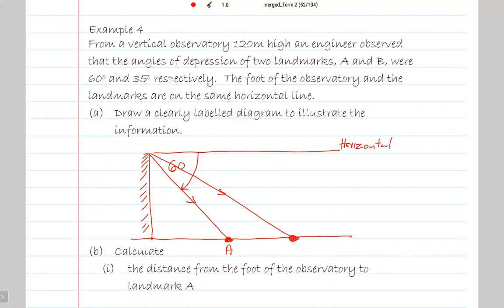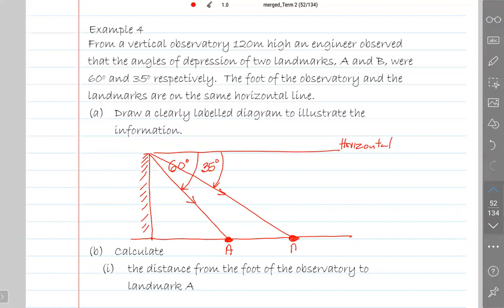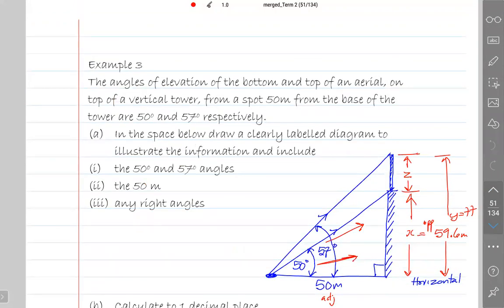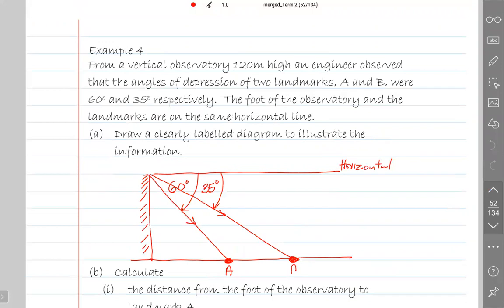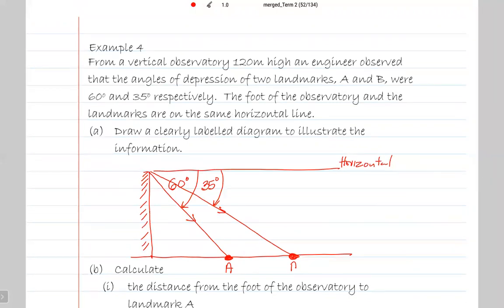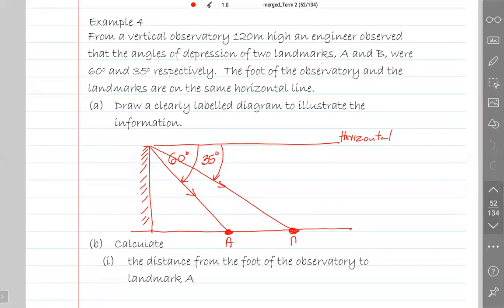The angle of depression, which is the angle between the horizontal and the line of sight, is 35 degrees. So landmark A is closest to the engineer, and landmark B is furthest away.